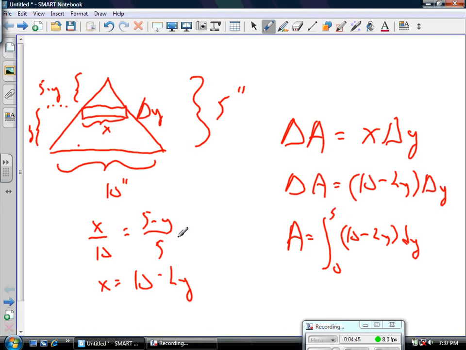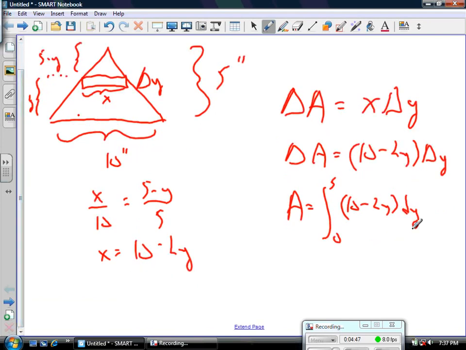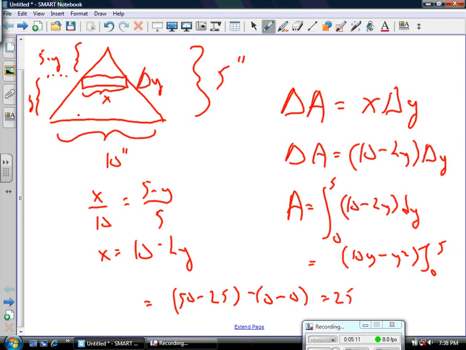All right, so let's get that area. How do you antidifferentiate 10 minus 2y dy? You get 10y minus y squared, evaluated from 0 to 5. So plug in 5, and you get 50 minus 25, minus plug in 0. Well, 0 minus 0, isn't it? So don't you get 25 square inches?